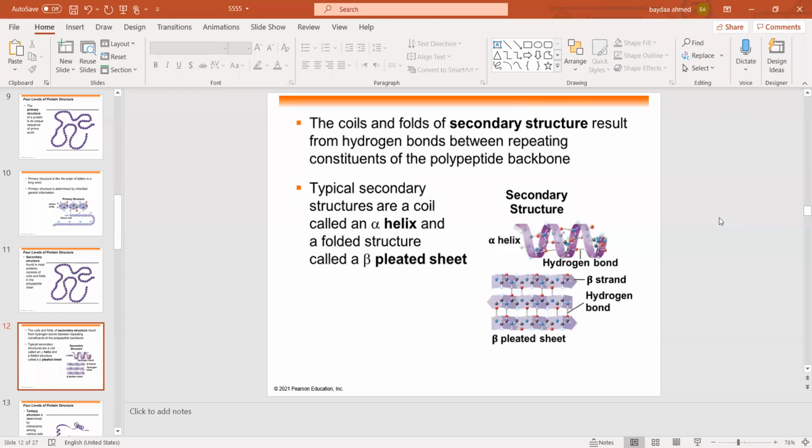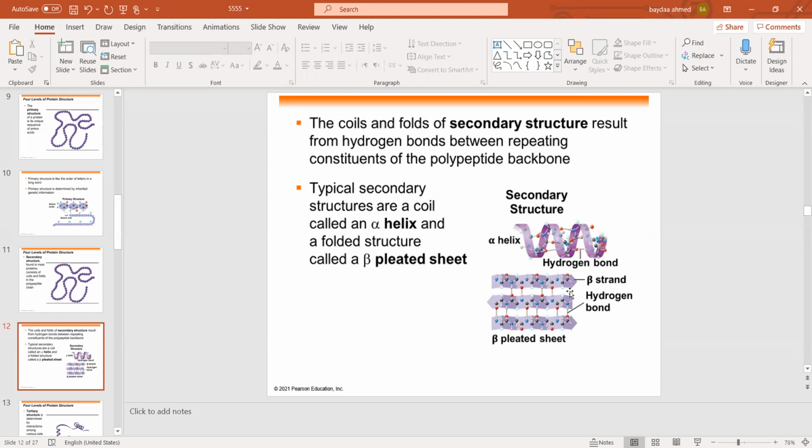So the coils and folds of secondary structure result from hydrogen bonds between repeating constituents of the polypeptide backbones. Individually, these hydrogen bonds are weak, but because they are repeated many times over a relatively long region of the polypeptide chain, they can support a particular shape for that part of the protein. One such secondary structure is the alpha helix, a delicate coil held together by hydrogen bonding between every fourth amino acid.